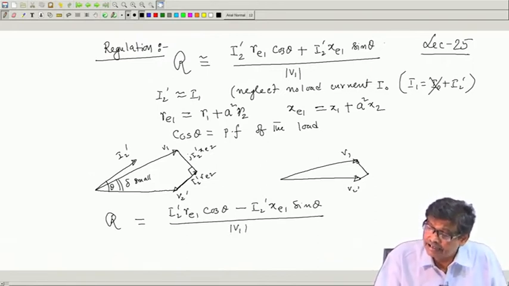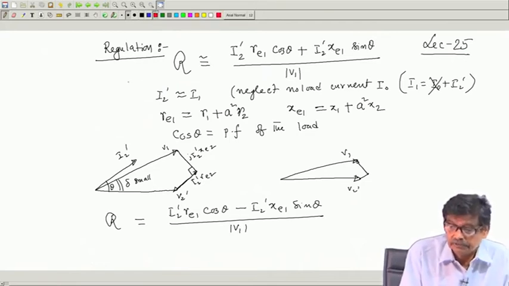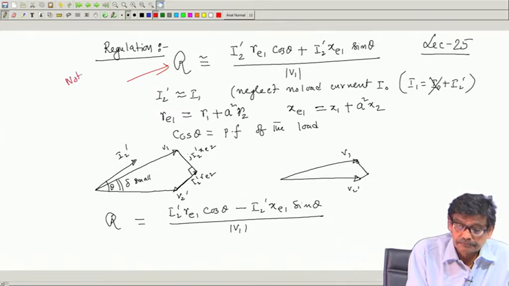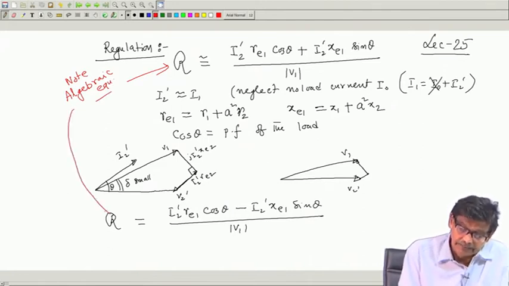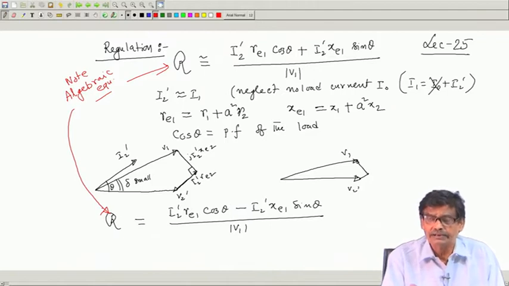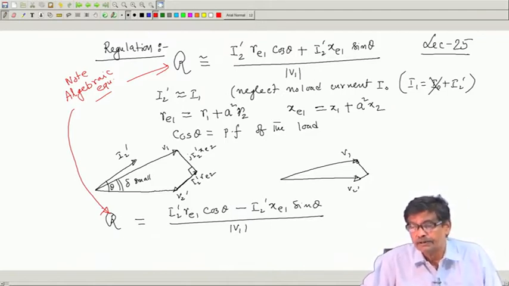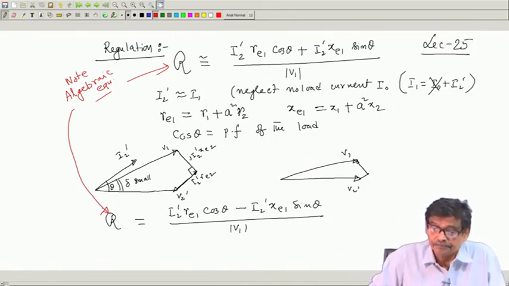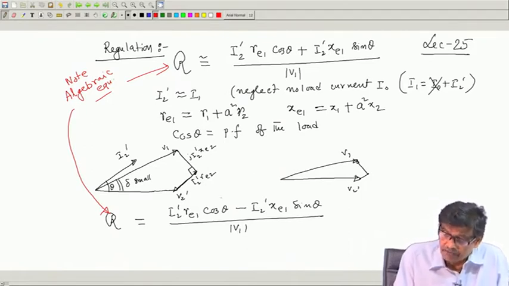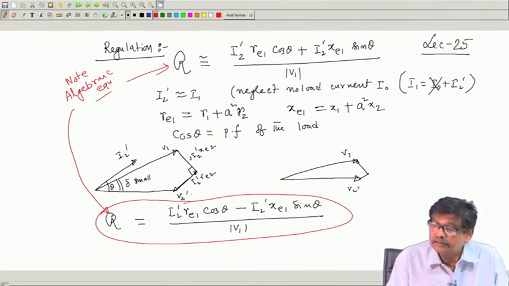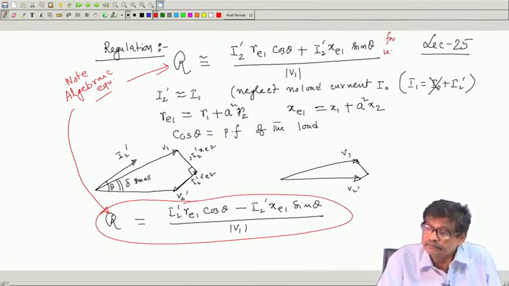Mind you, these are algebraic expressions, no phasors. I2 dashed is only a number, Re1 is a number, there is no j Xe2 etc. So, this one is for lagging power factor, and this is for leading power factor.